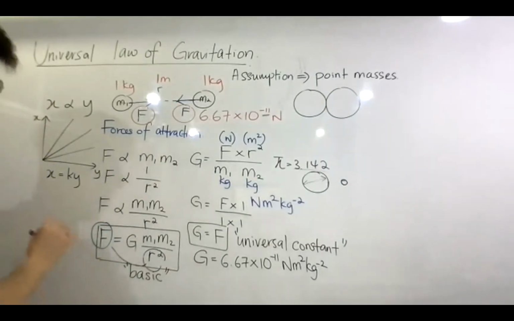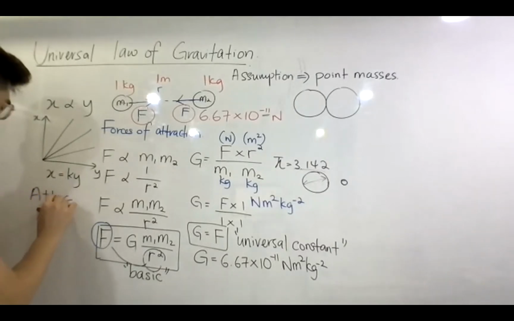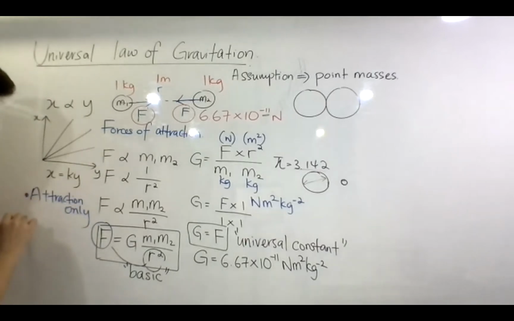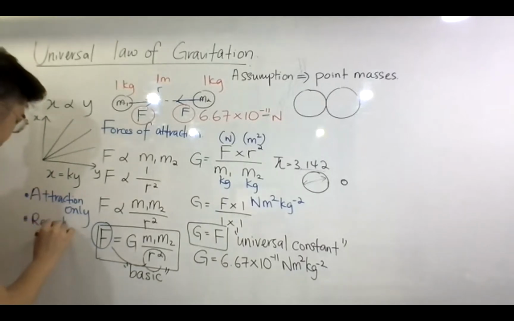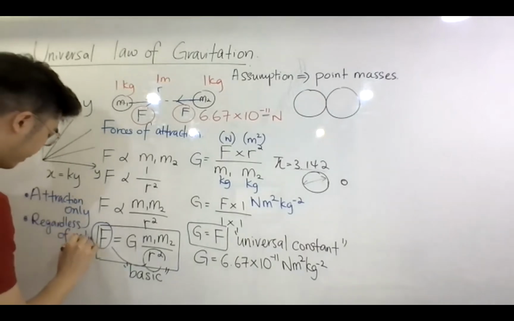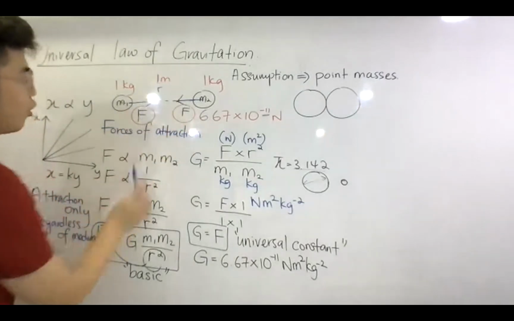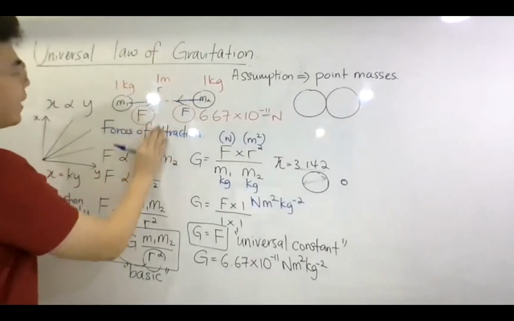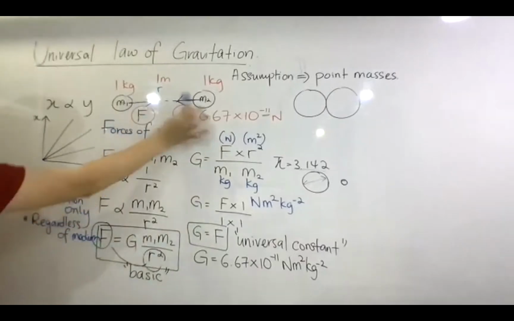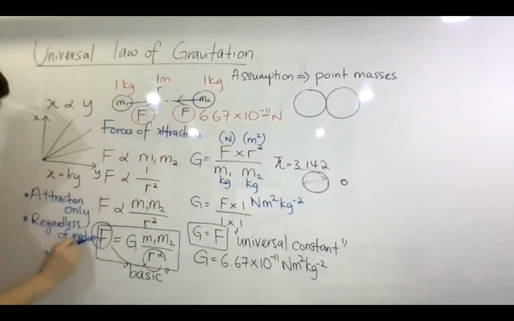First is that this is a force that is attraction only. Number two, it is regardless of medium. It means no matter what the medium between them is, it can be water, vacuum, or air, the force is the same.